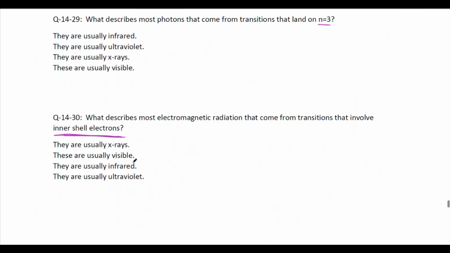So keep in mind what I just said. The other ones are combinations of visible, infrared, and ultraviolet. If these are special, what's the remaining choice there? So again, these are super high energy because they're typically going to be larger elements anyway. So this one's actually not going to be typically hydrogen. Hydrogen's not going to have inner shell electrons. This will be something with 50, 60, 70 total electrons or protons.